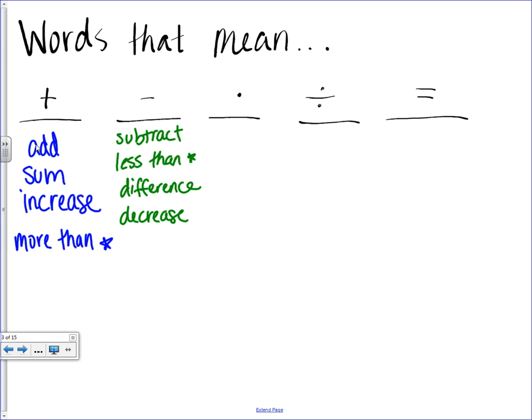Anything else? Okay, now I'm going to write one more word under this column, and it's just going to be the word less. But I'm not going to put a star next to it. Less than and less are going to be 2 different things.